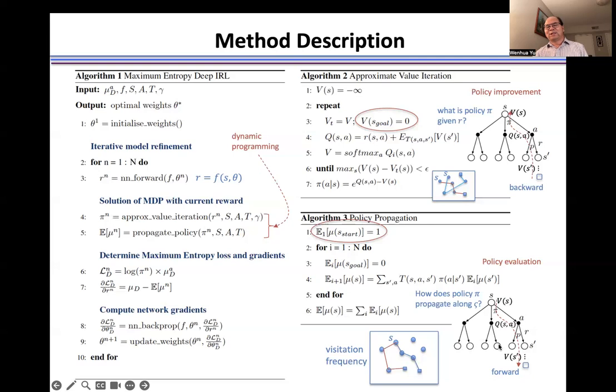The purpose is to see, at a different state on the trajectory, what action we take and what the probability is. And then we compare the calculated feature counts with the feature counts under the expert policy, to see if they are close to each other or not. If they are close, that means the learned policy is close to the expert policy.